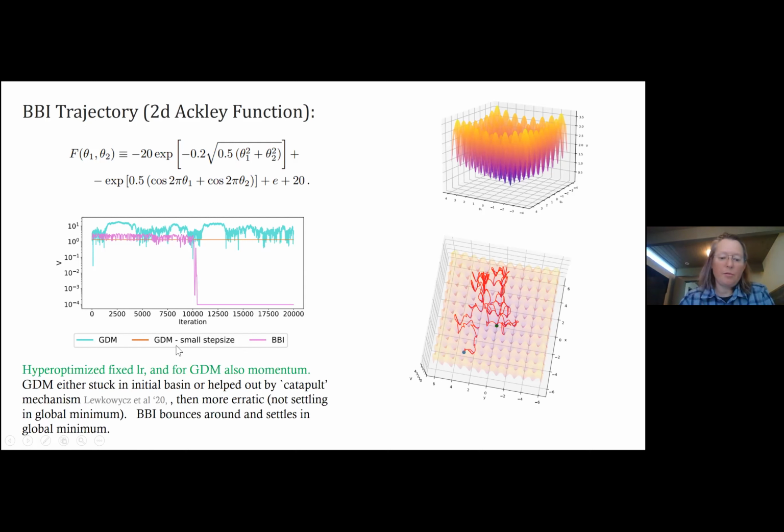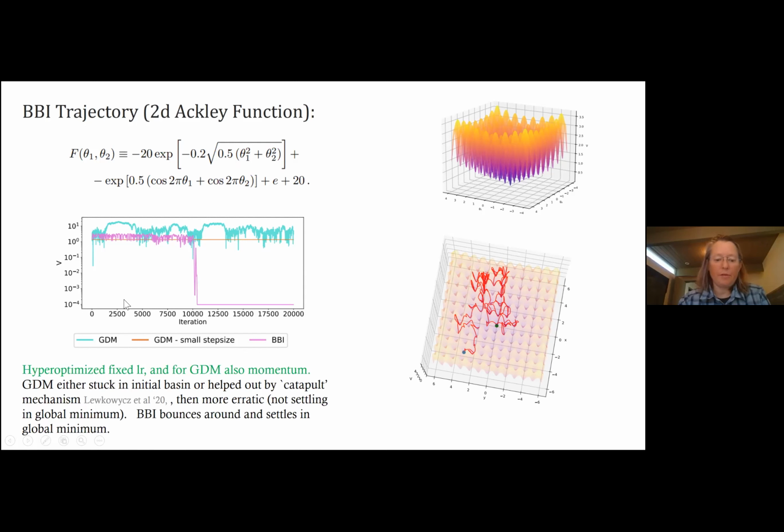Whereas gradient descent with momentum either just settles in a local minimum, or if we do a sort of catapult-like thing, it can get out, but then it just is erratic later. Now, to be clear, we're not giving every optimizer all the modern tweaks that they can enjoy, but we're trying to do a head-to-head comparison here.